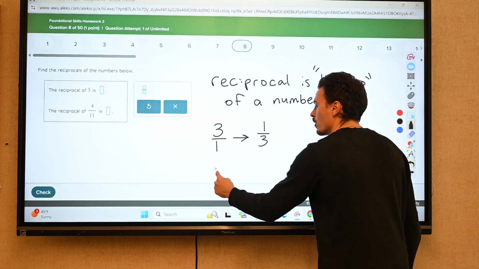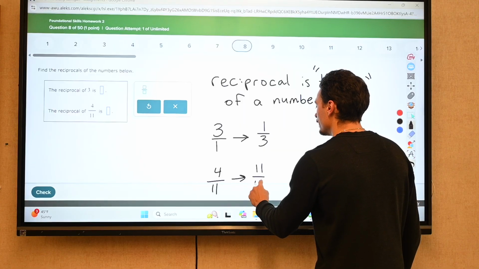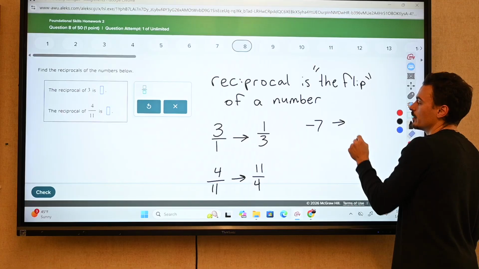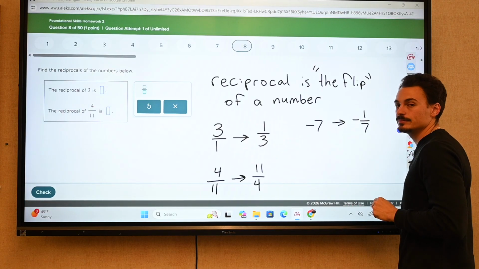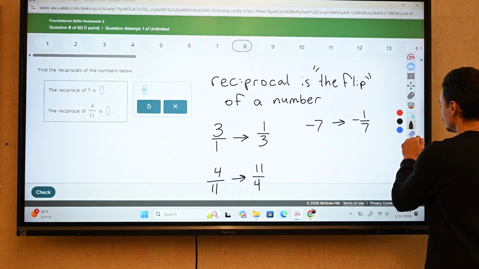If I had 4 over 11, the flip of that number is 11 over 4. If I had negative 7, the flip of that number would be negative 1 over 7. That would be the reciprocal. So negatives work as well.